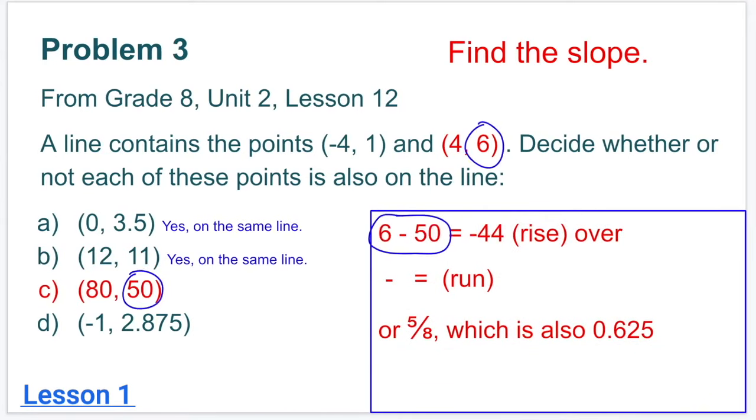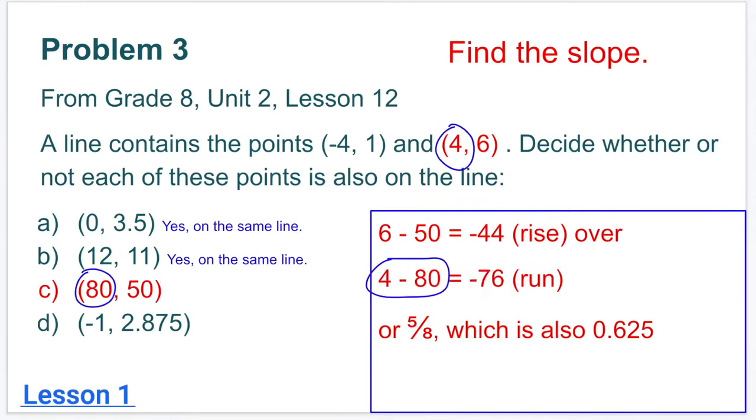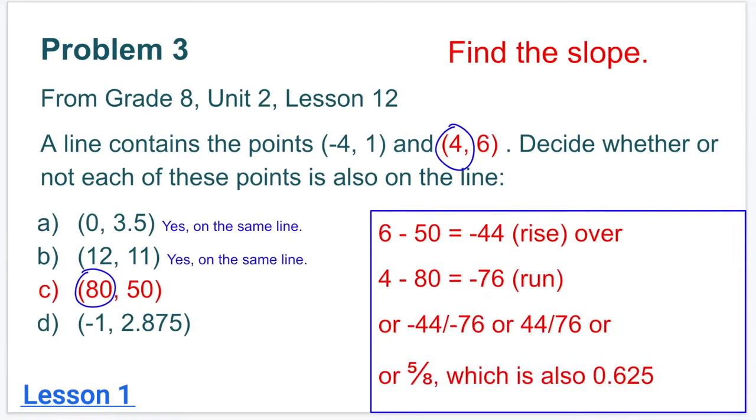C, 6 minus 50 equals negative 44, that's the difference in the y coordinates, over 4 minus 80, that's the difference in the x coordinates. So negative 44 over negative 76, or negative 44 divided by negative 76. Again, a negative divided by a negative is the same thing as a positive.